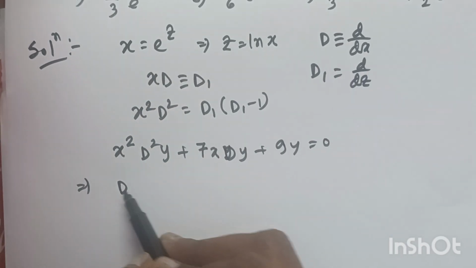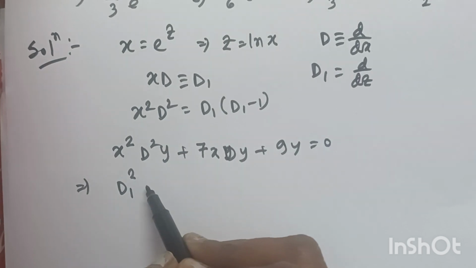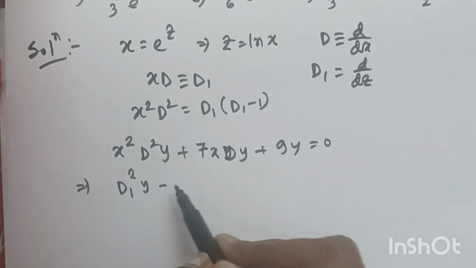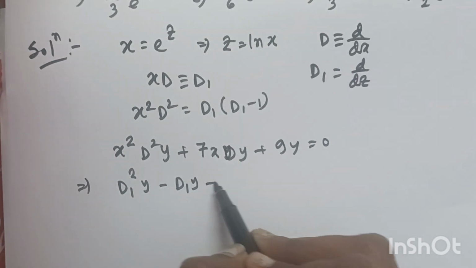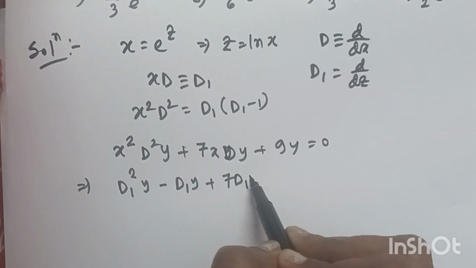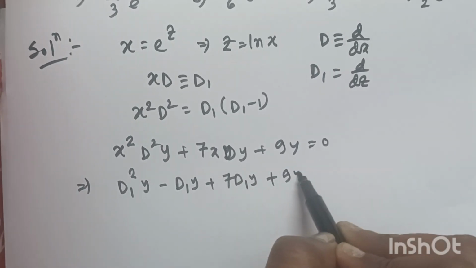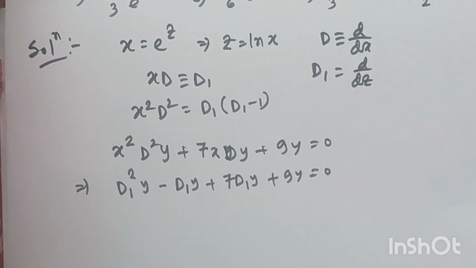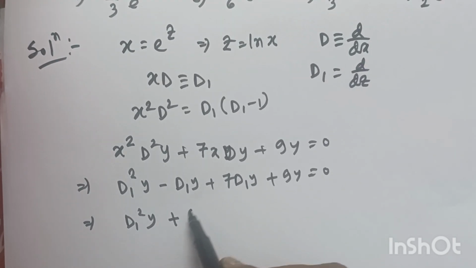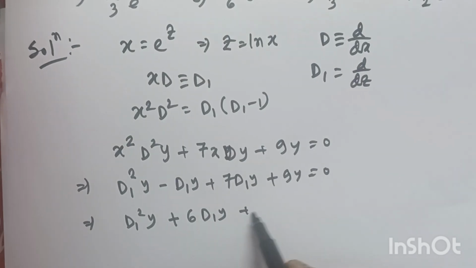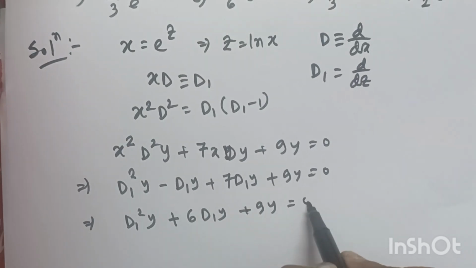And since x equal to e power z, this equation transforms to D1 square y minus D1 y plus 7 D1 y plus 9y equal to 0, that is D1 square y plus 6 D1 y plus 9y equal to 0.